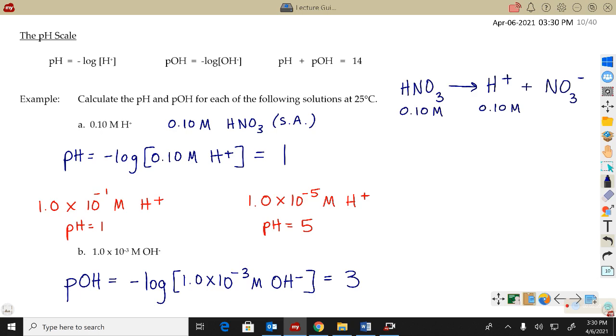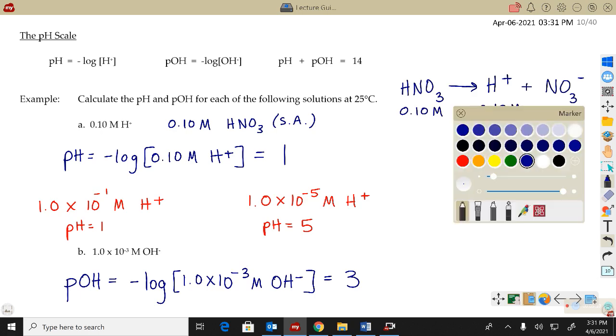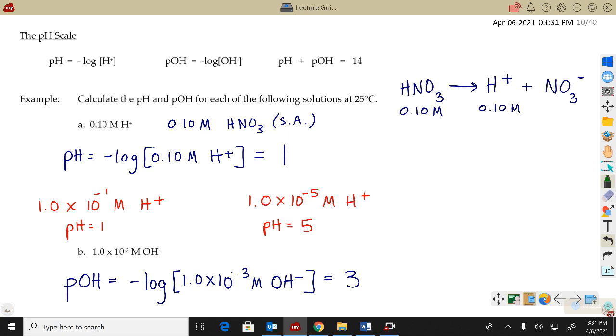However, they do ask me to calculate the pH and the pOH for each of the solutions. Well, that's where that last little equation comes in handy. And again, it's super easy and it's totally in your equation packet. If you go pH plus pOH, the sum should be 14.